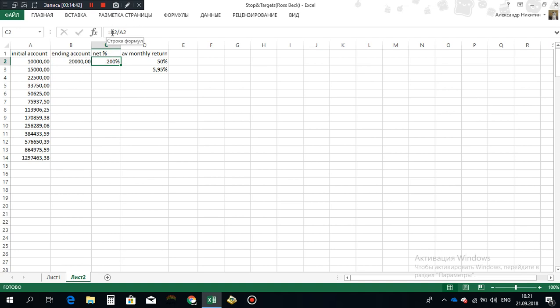It equals B2. We can calculate it this way. It equals initial minus this, and this one should be in brackets.